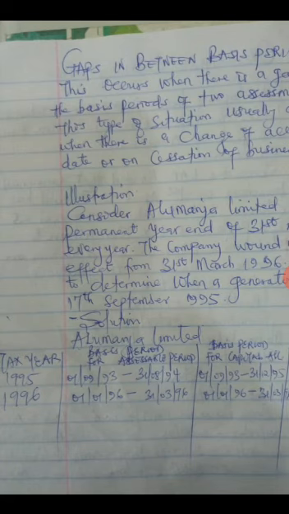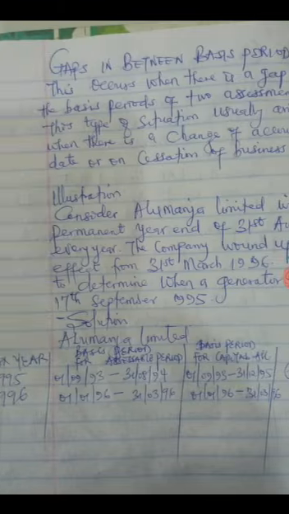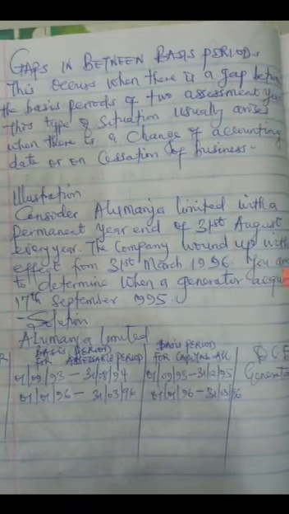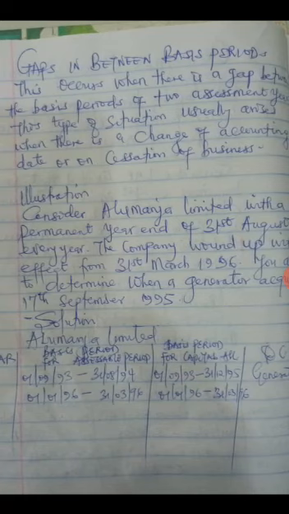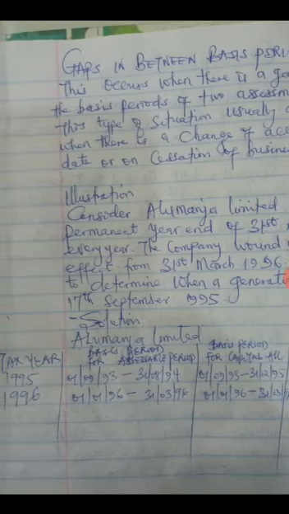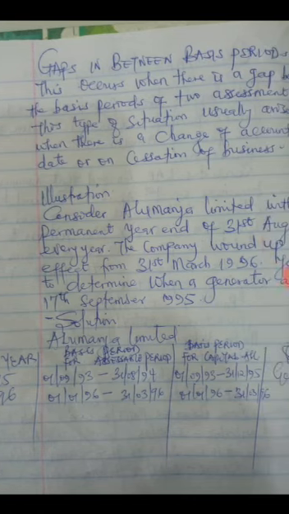Looking at this, you will see that this is a cessation question. Therefore, if the business wound up in 1996, it means that 1996 is the ultimate year, while 1995 is the penultimate year.